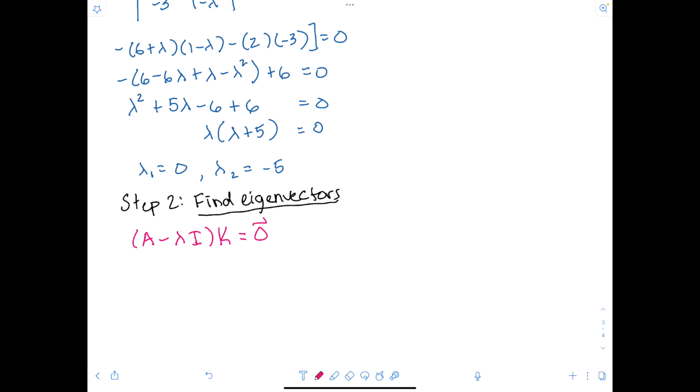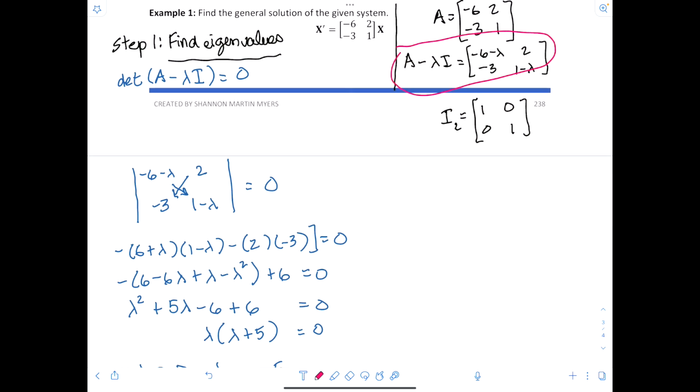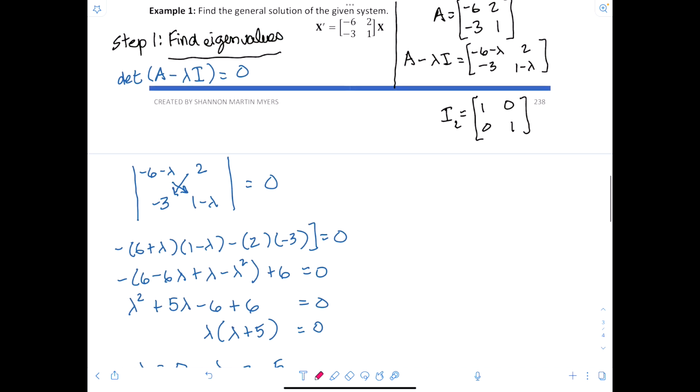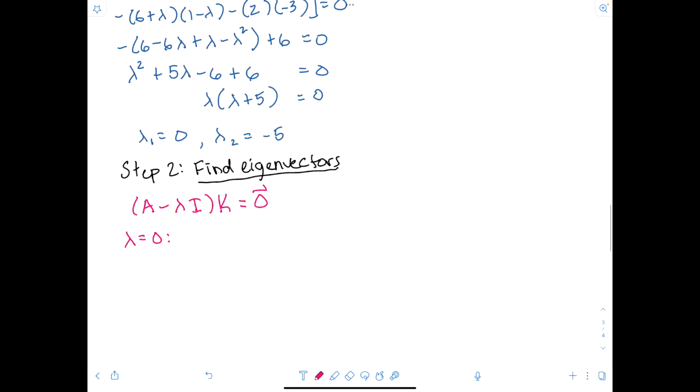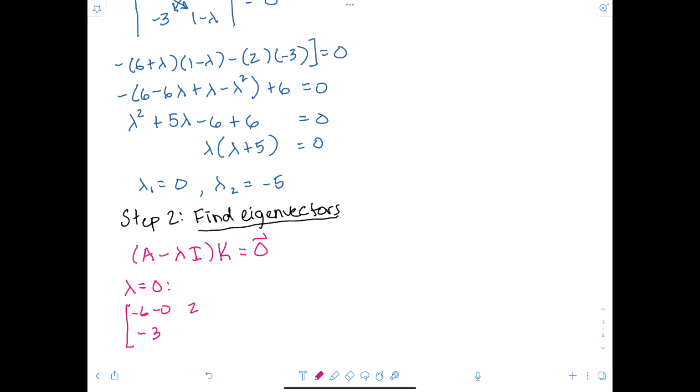Here we'll check out lambda equal to 0. So we're just going to get our original coefficient matrix. We're going to end up having negative 6 minus 0, 2, negative 3, 1 minus 0, times the k vector equal to the 0 vector.